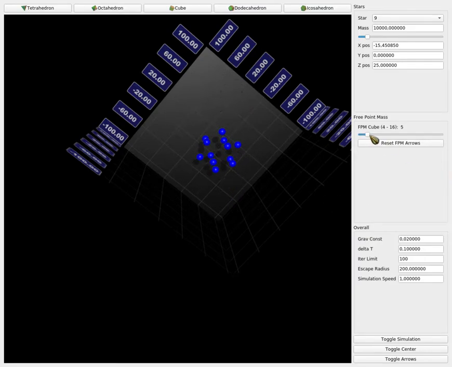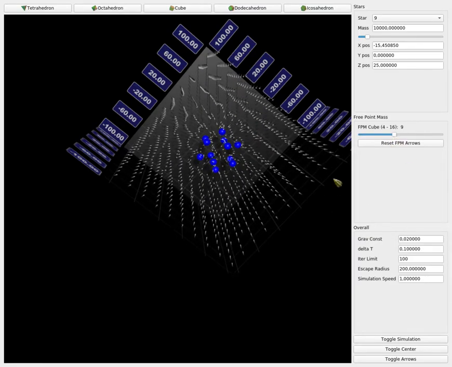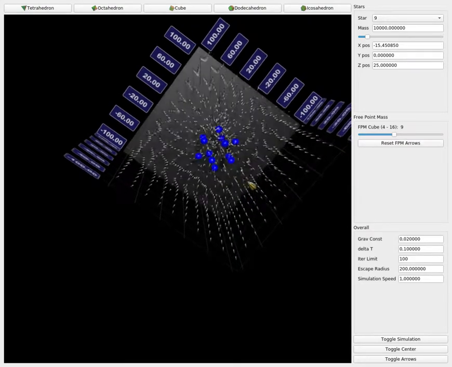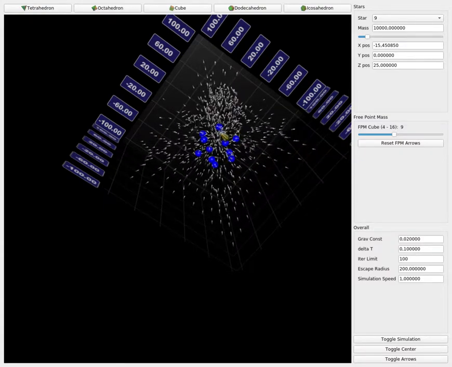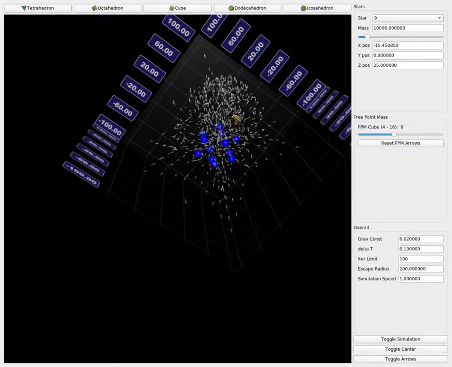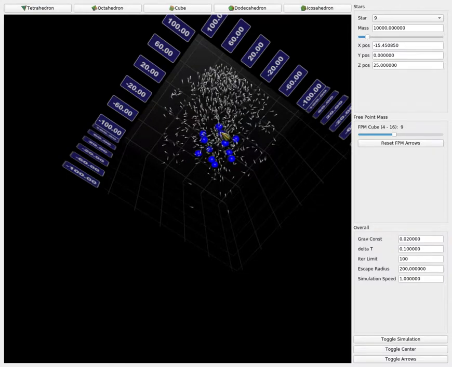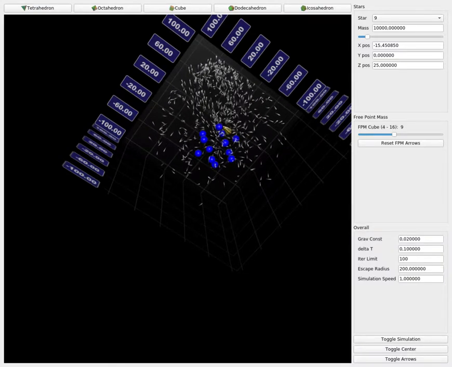Let's try with a few more points. Let's go with 9. Yeah, you can see jets forming above the higher mass star, star 12.